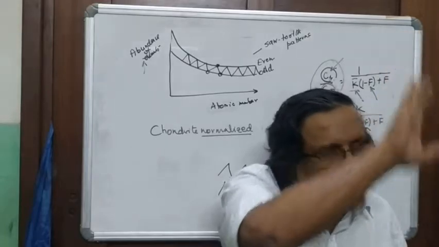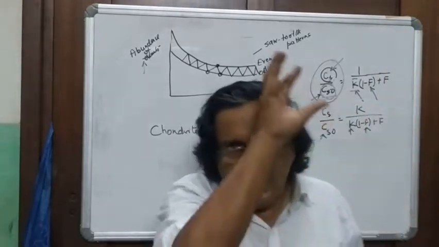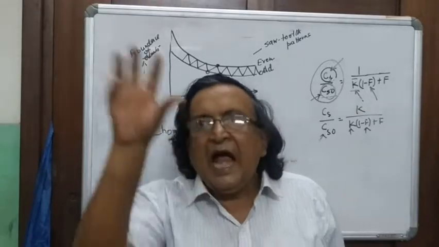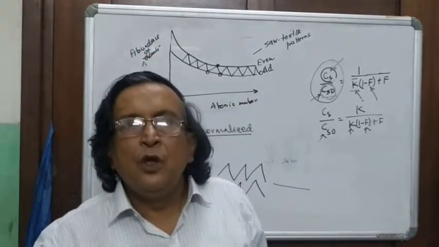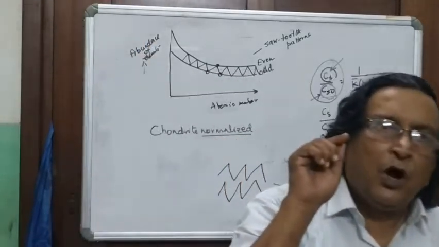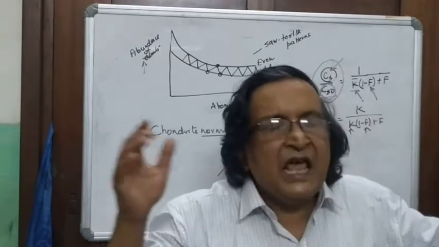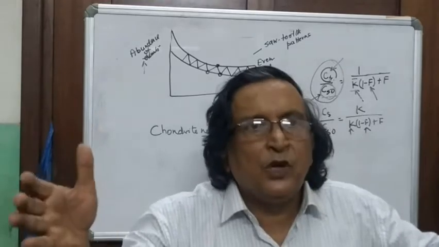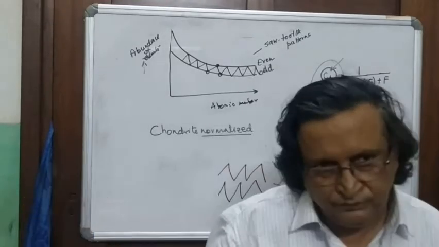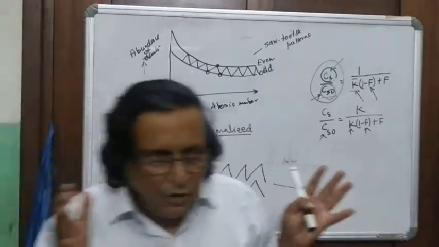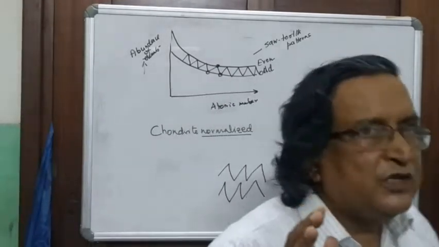If you leave aside these elements, the composition of carbonaceous chondrite and the composition of the solar system is identical. So that is the most important point.